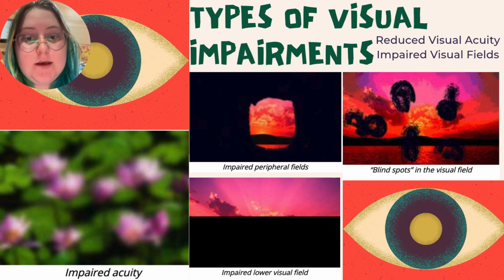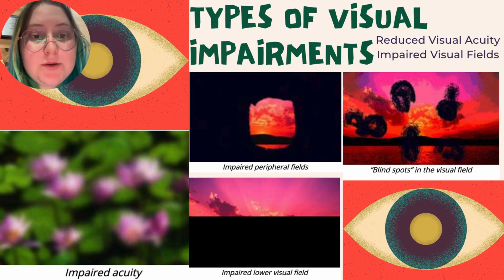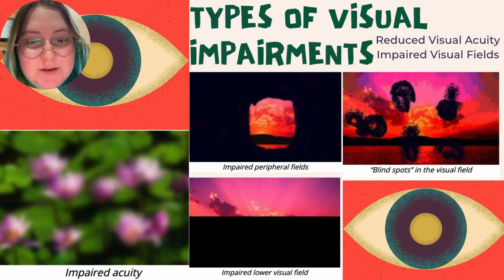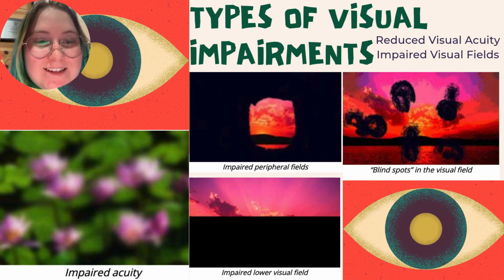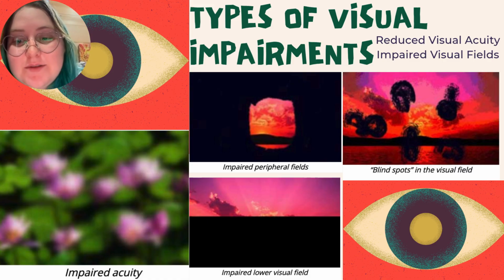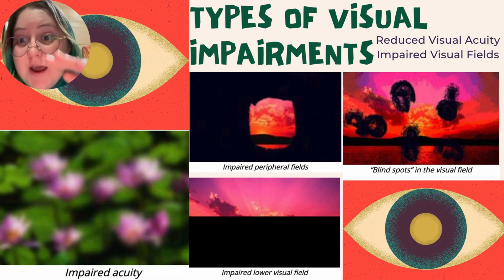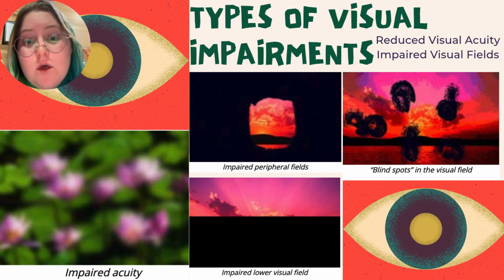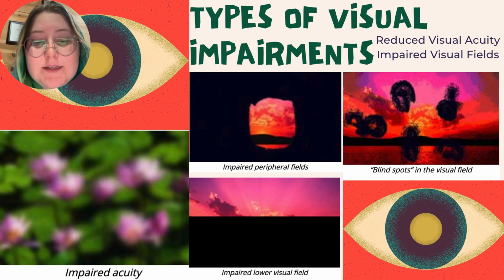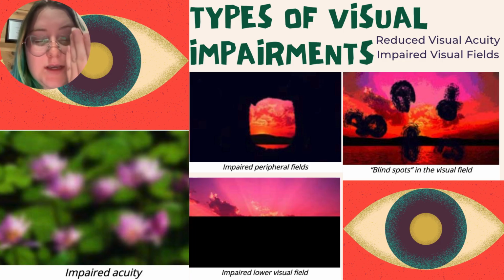So here are the types of visual impairments. I got this from the IRIS modules as well. There is reduced visual, oh my gosh, it's really hard for me to say that word, acuity, and impaired visual fields. So there's impaired acuity, impaired peripheral fields, blind spots, the lower half or the upper half. Could even be one of your sides that you can't see. So like you can only see through the left half of your eyes.